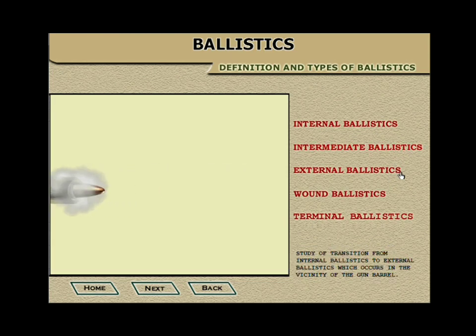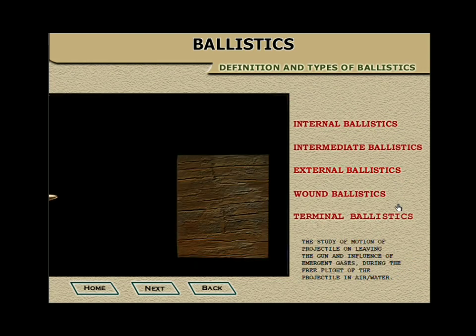Intermediate ballistics: study of transition from internal ballistics to external ballistics, which occurs in the vicinity of the gun barrel. External ballistics: study of motion of projectile on leaving the gun and influence of emergent gases during the free flight of the projectile in air or water.